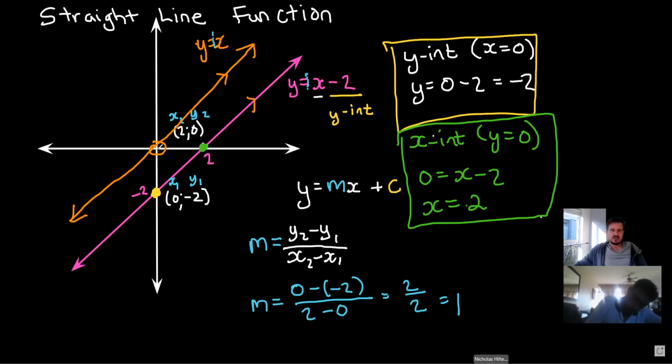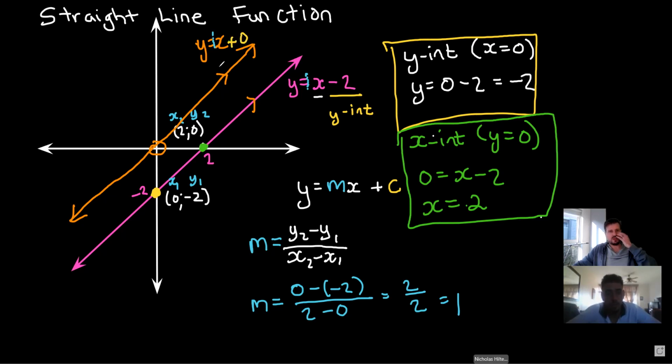The other thing to note is when you don't get given a c. Because this goes through the origin, the y-intercept is 0. So there's no minus 2 or plus 1, there's nothing there. Technically there is a c, but the c is 0, so this is actually just plus 0.